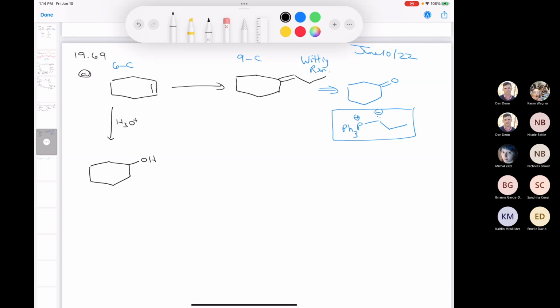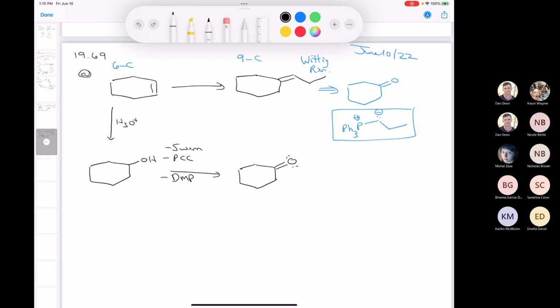Now, if we want to take that cyclohexanol and convert it to cyclohexanone, all we have to do is oxidize it. And what are the conditions we could use to oxidize this? I mean, we could literally use the Swern reaction, we could use PCC, or we could use the Dess-Martin periodinane, any one of those. And again, the Swern, you need to know the Swern details.